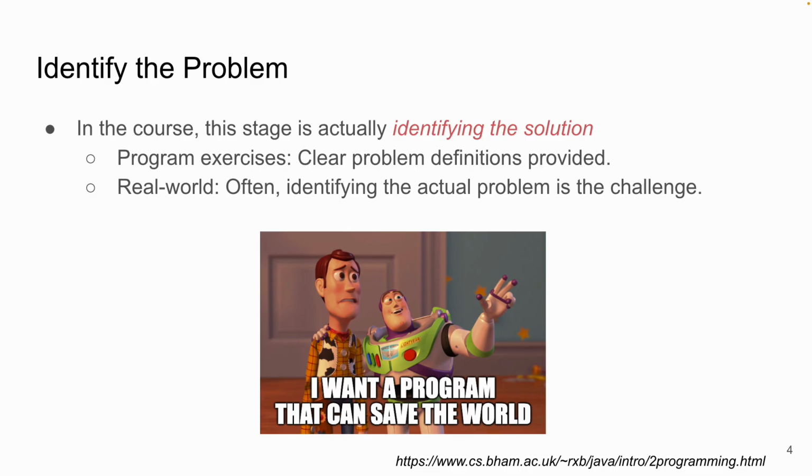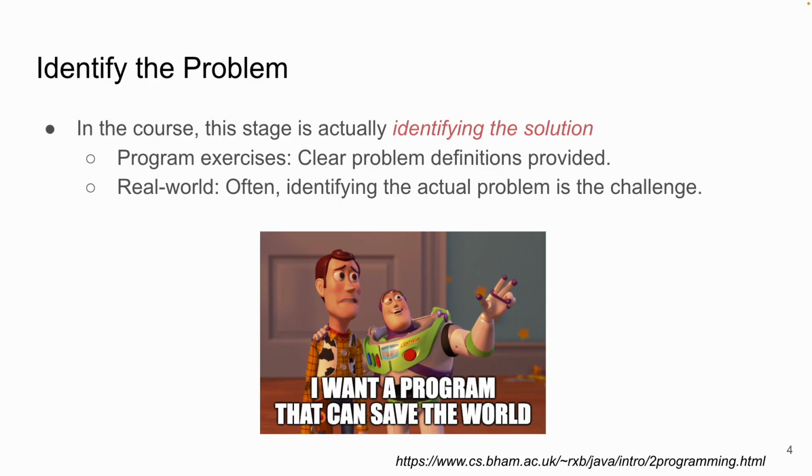So you don't really need to identify the problem by yourself. However, for the final projects, you need to identify the problem by yourself. You need to identify what kind of things you want to implement. So you will still practice this step in this course.